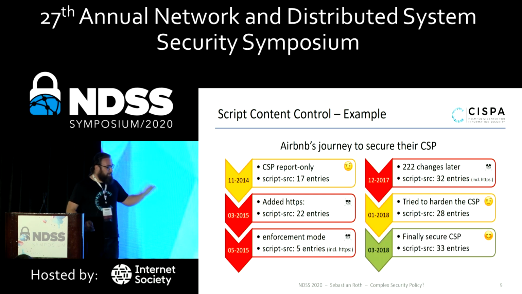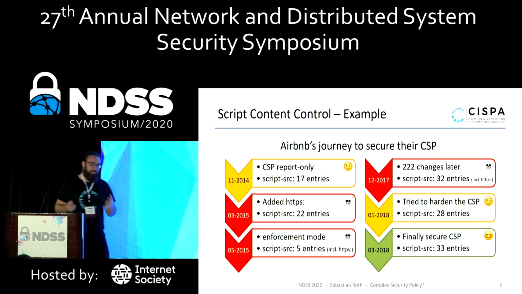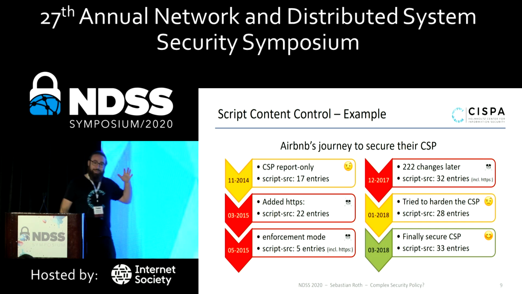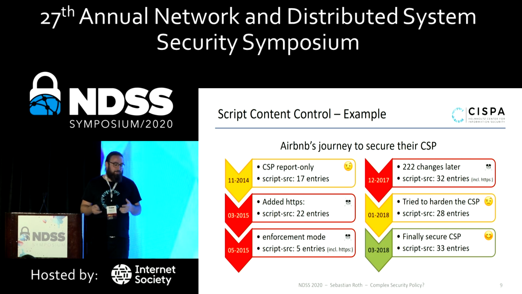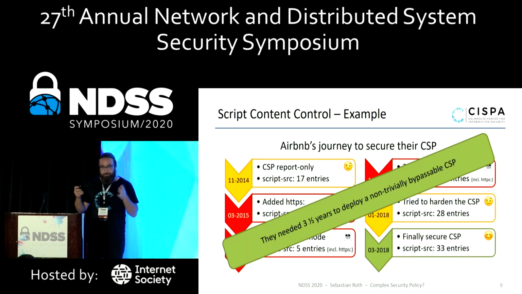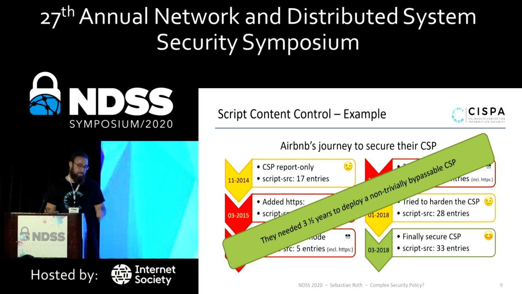Then finally, in March 2018, they had a second try for their sane CSP, and finally they arrived at a secure and functional CSP that was present until the end of our data period. So, as most of you know, Airbnb's main business is their web application, and it is a big company, but still they needed more than 3.5 years to build a sane CSP.